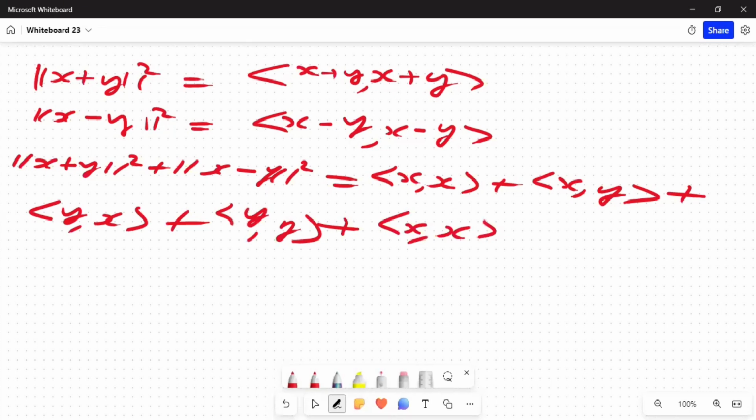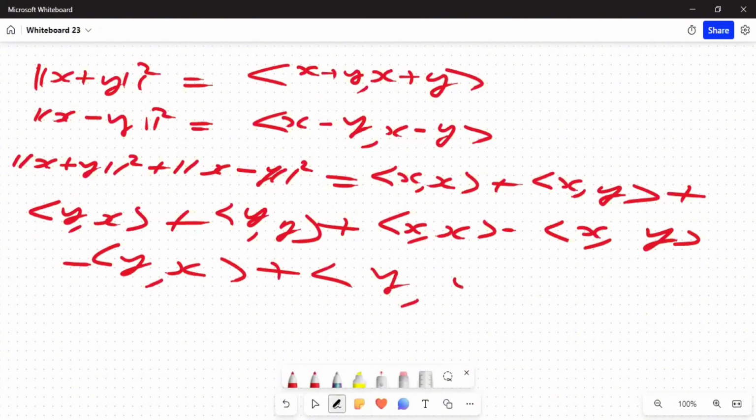Now x comma minus y, but then you now have minus x comma y. I don't know if you understand what I'm saying. Then this one is minus y dot x, is minus y comma x. Okay, minus y comma minus y, plus y comma y.